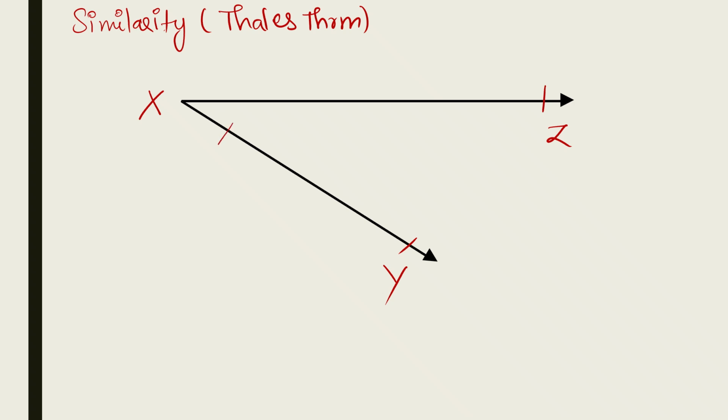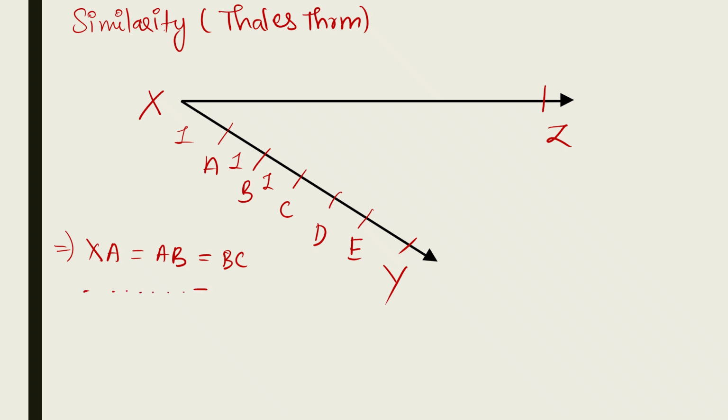This is 1 unit, this is 1 unit, and so on, so we have X, A, B, C, D, E. Since each part is 1 unit, XA equals AB equals BC and so on, equals EY. They are all equal in length.